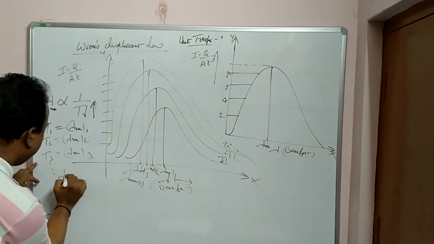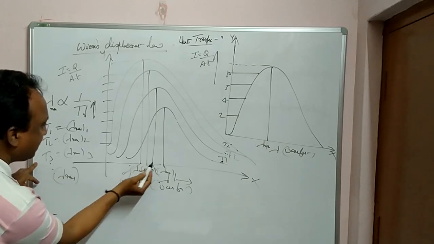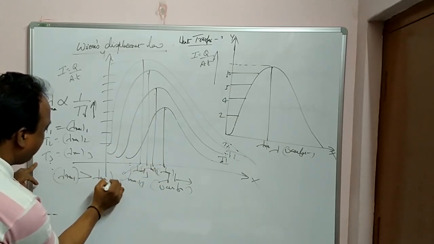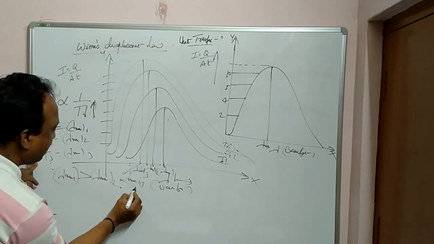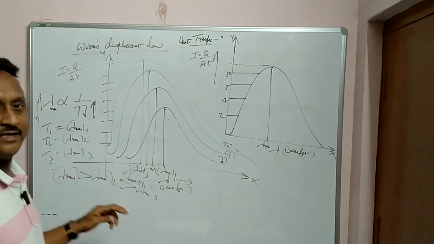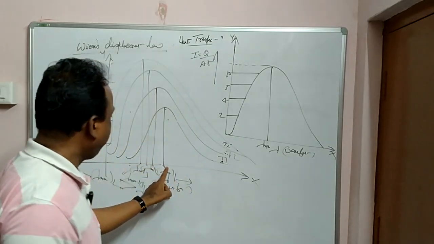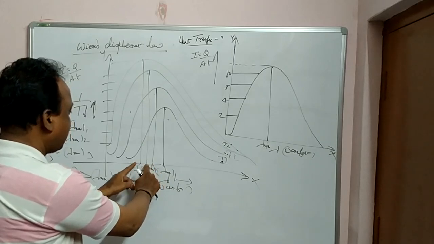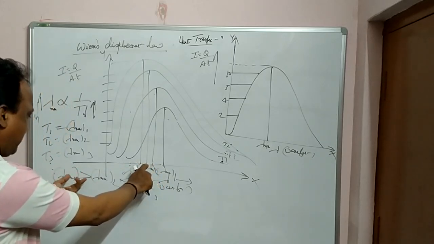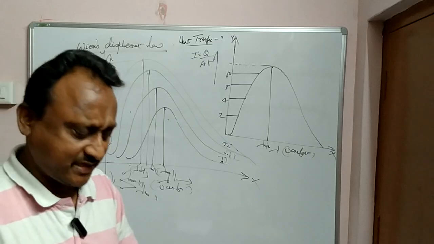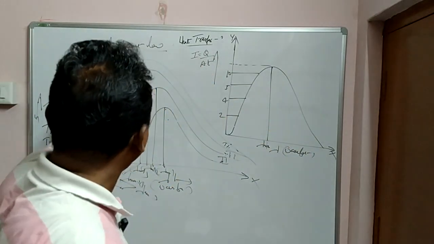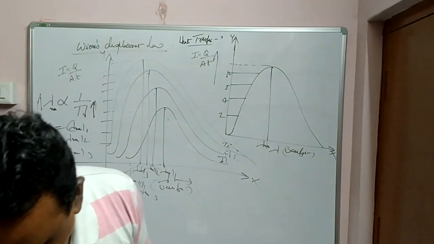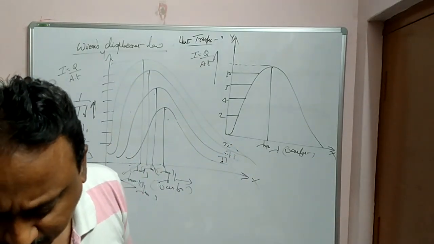You can observe very clearly, lambda maximum 1 is more than lambda maximum 2, which is more than lambda maximum 3. So lambda 1 is greater than lambda 2, greater than lambda 3, and so on. So the maximum wavelength is inversely proportional to the absolute temperature. This is called Wien's displacement law.